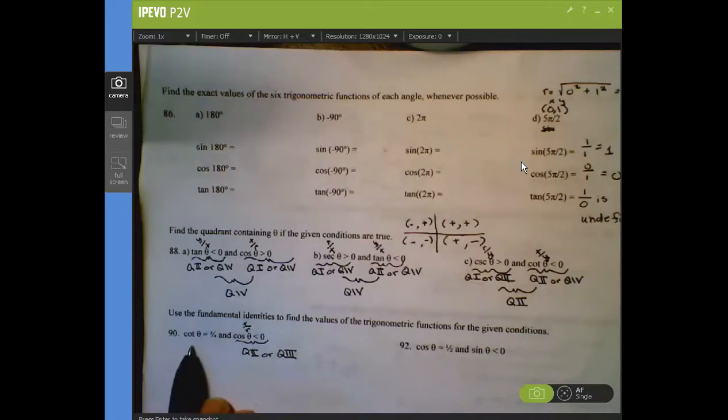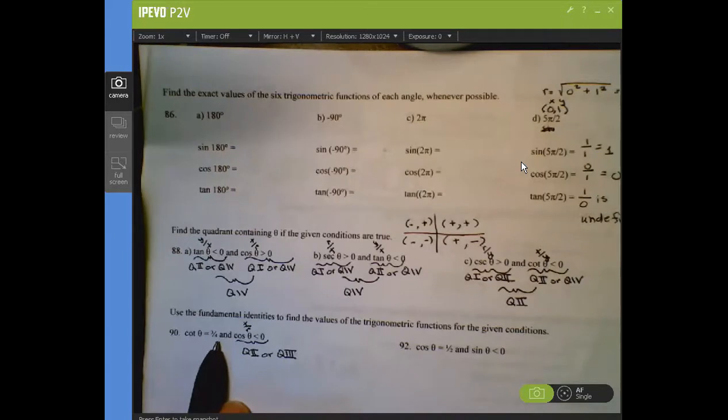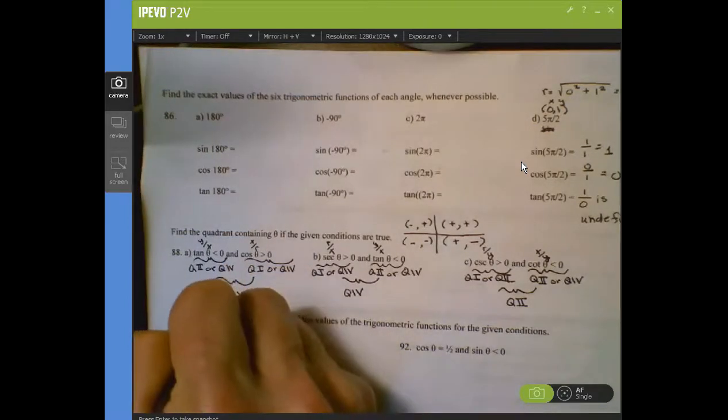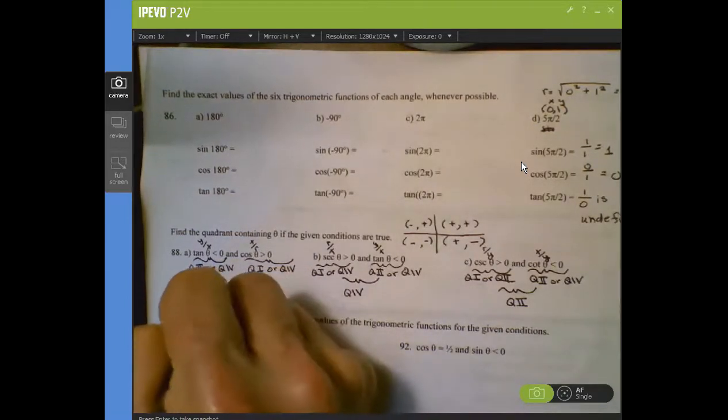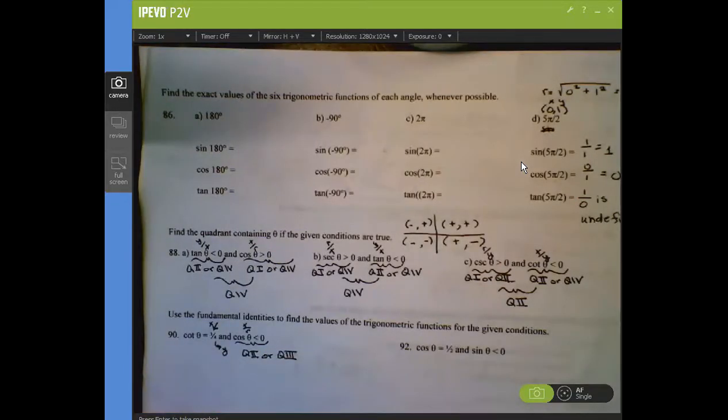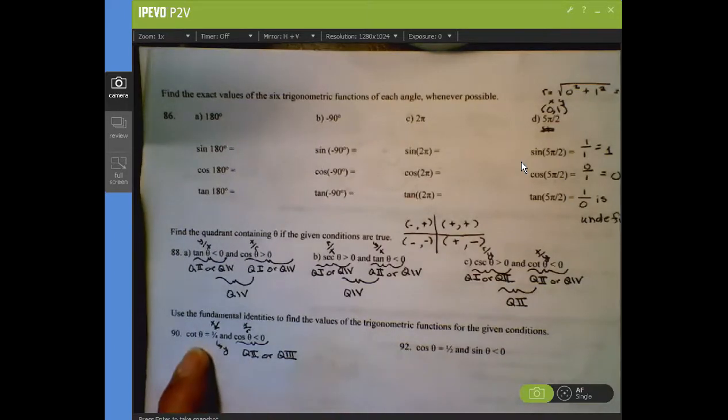And what can I do with the fact that cotangent theta is 3/4? Well, I know that tangent theta is y divided by x, so cotangent theta is x divided by y. Now, if cosine's going to be negative in either second quadrant or third quadrant, where is cotangent positive?